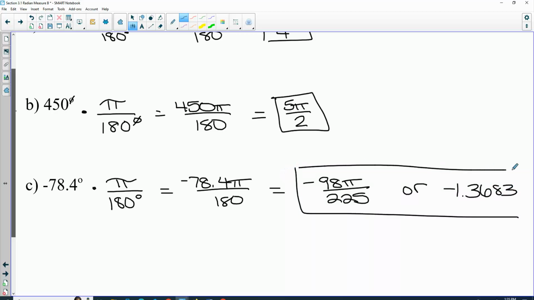So it doesn't have to have a pi, it could be multiplied out. We just try to keep as nice of a number as possible. So if we're getting a decent fraction, we'll just keep it in terms of pi. Any questions on that?